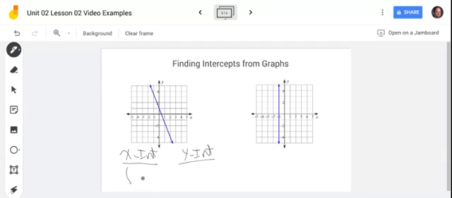As an ordered pair, it's always a number, comma, 0. Because whenever you are on the axis, you have a 0 term, or a 0 coordinate. That just means it's half of an ordered pair. Y-intercepts are always 0, comma, our number.